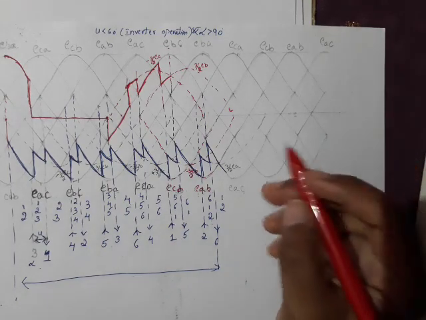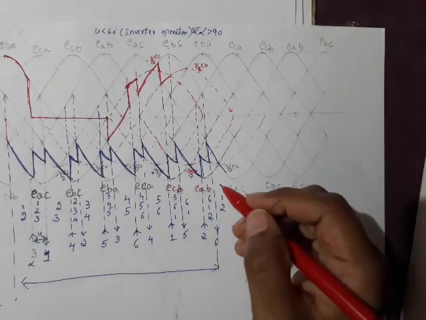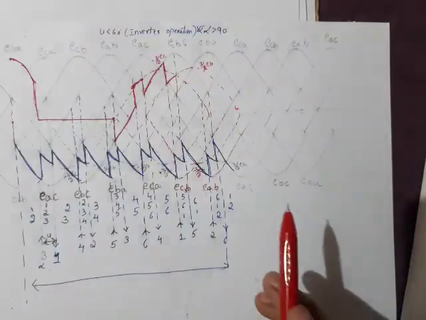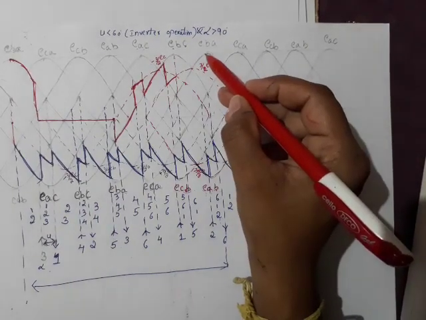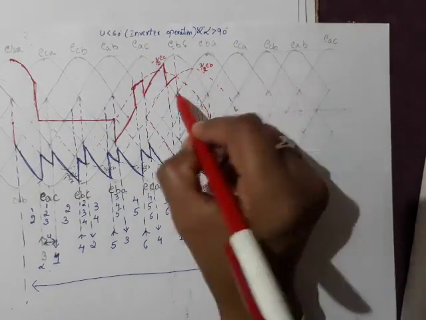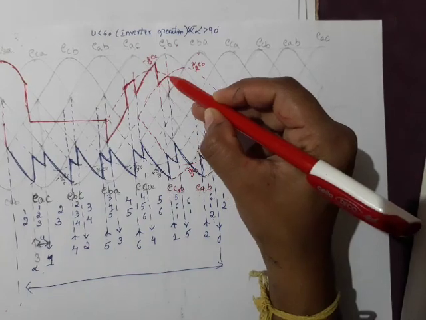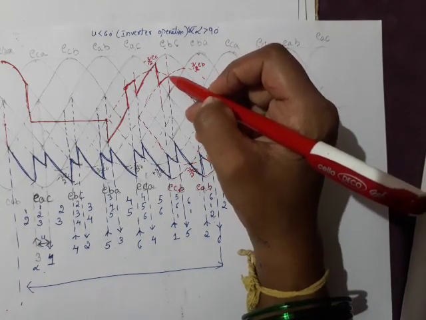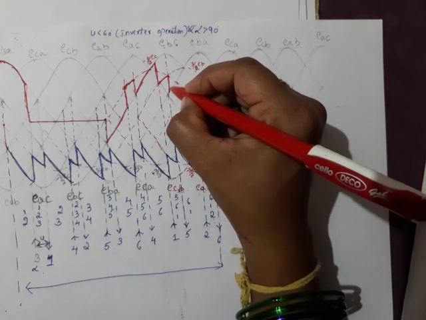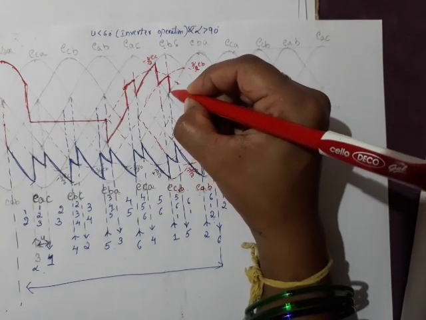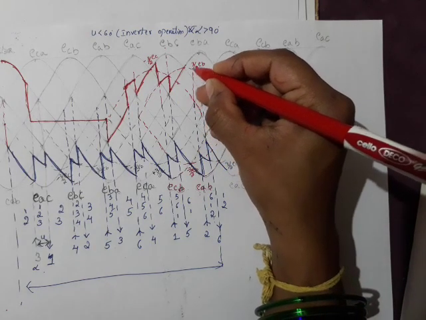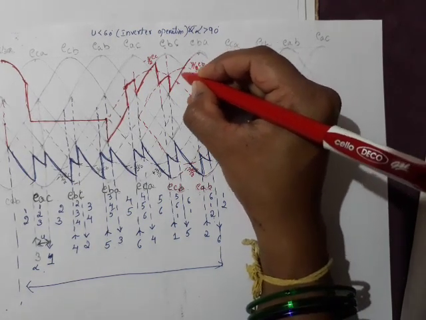Next, when 6, 1 is conducting, the voltage is EBA. So where is EBA? We have to follow EBA. EBA is here. We are starting at this point. Here it is following the phase voltage plus 3 by 2 times of EB. Suddenly it will drop, then it will follow EBA till the next valve comes into conduction.